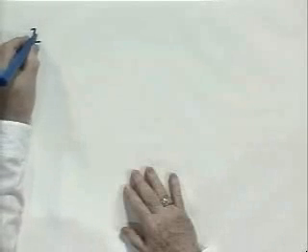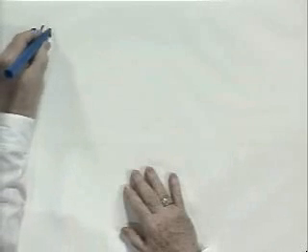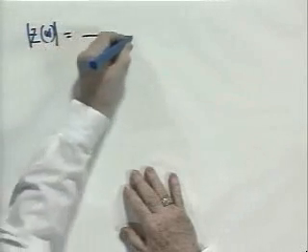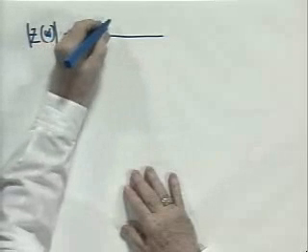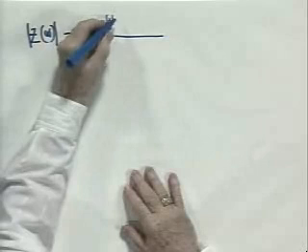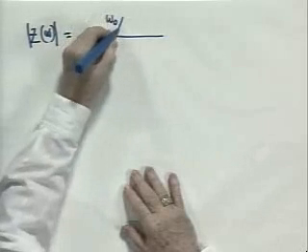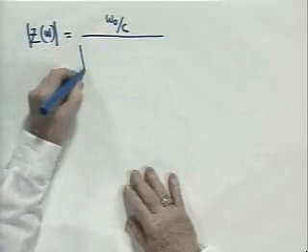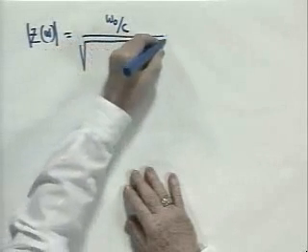We can form the magnitude of Z by looking separately at the numerator and denominator and forming the magnitude of each. So the magnitude of Z of omega is the magnitude of the numerator, which is omega naught over C, divided by the magnitude of the denominator, which is the square root of the sum of the squares of the real and imaginary parts.